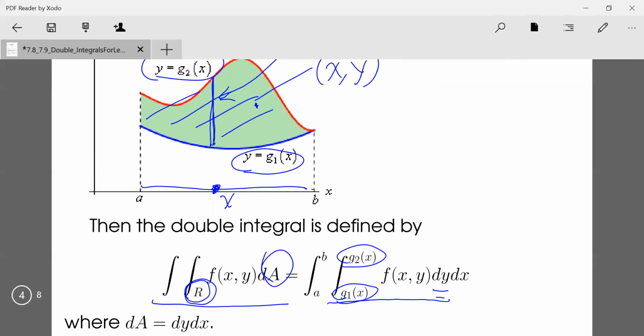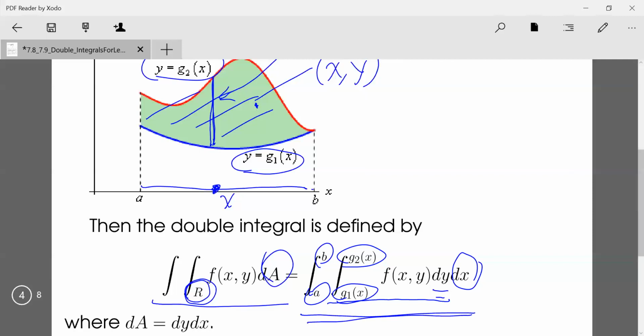And then we integrate this function with respect to x, from x equal to a to x equal to b. So that's how we define this double integral. It is not the original definition, but for our purposes, we use this iterated integral as a way to define this double integral.